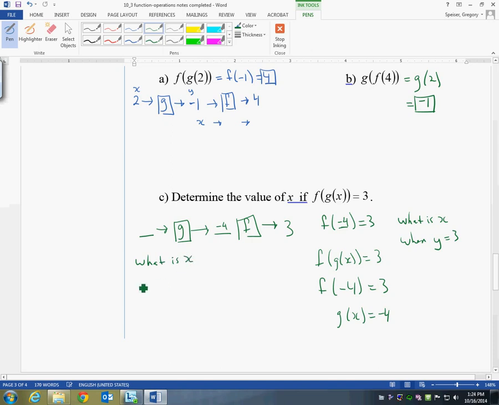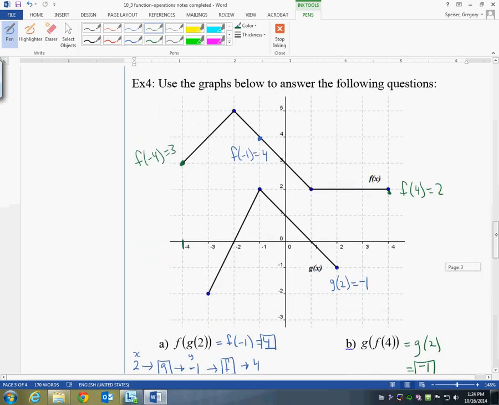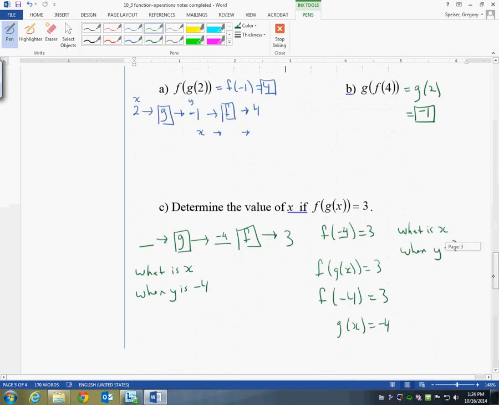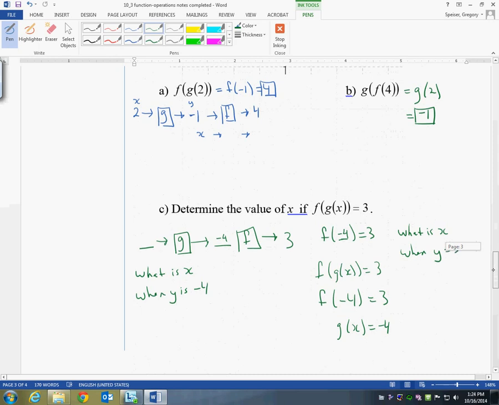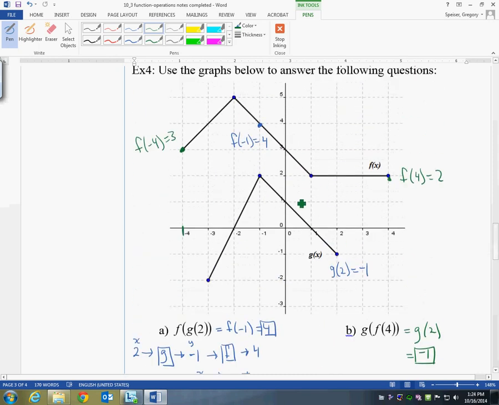So here I'm asking, what is x when y is -4? Going up to my graph, am I looking at my g function? When y is -4, it doesn't happen, does it, with my g, with either of them?